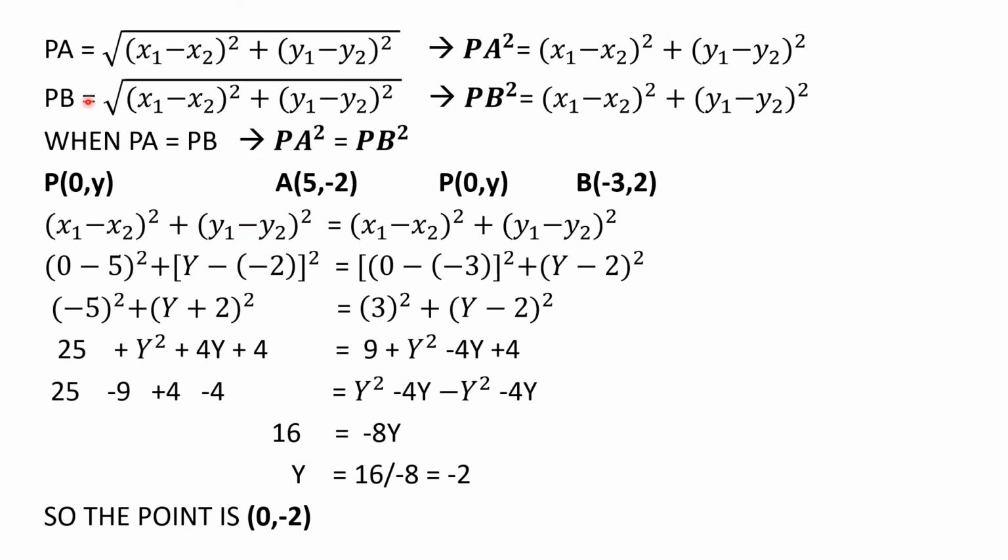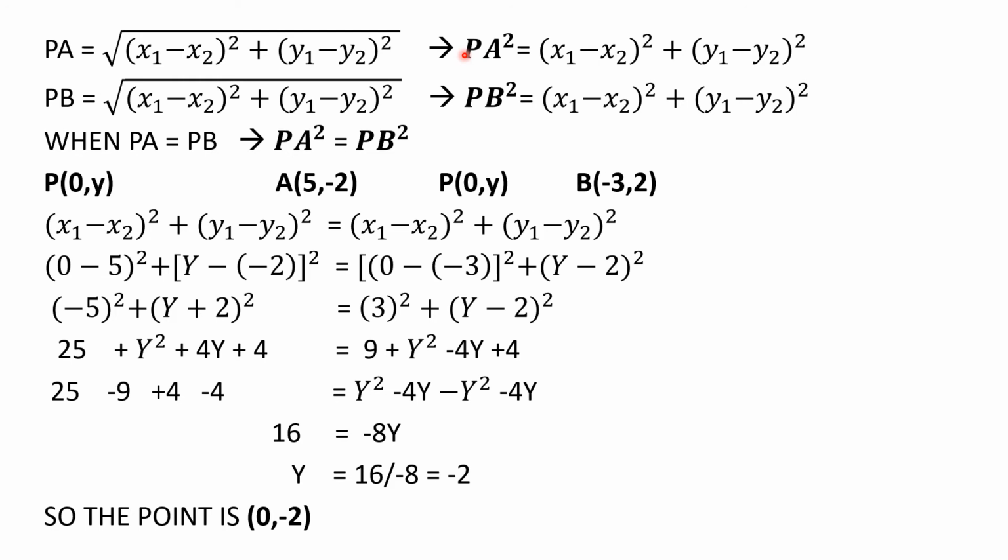We already said that PA equal to PB. What is the formula to find PA and PB? We have the distance formula. That means PA square equal to PB square, so we can remove the root. When they are equidistant, we can equate PA square equal to PB square.